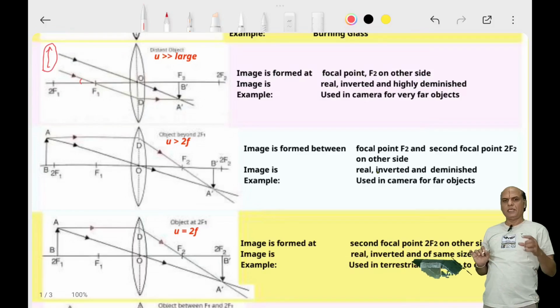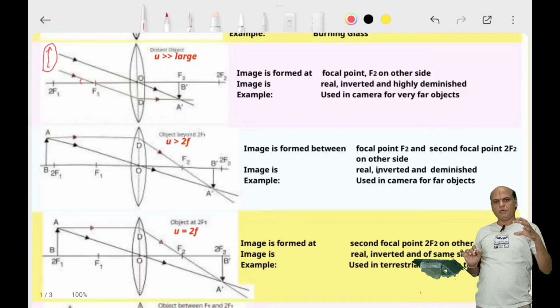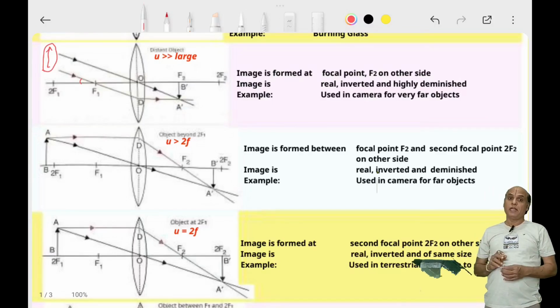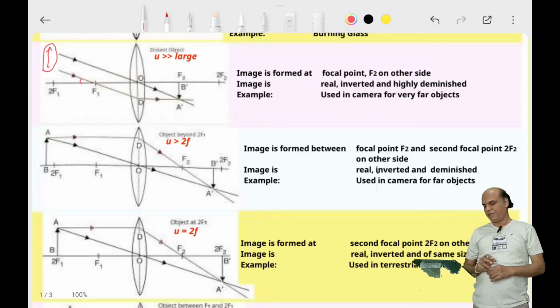When such a beam of light rays is incident on a convex lens, as shown in the figure, this convex lens converges such rays, and an image is formed on the focal plane at focal point f2.